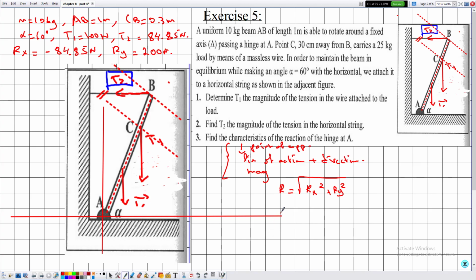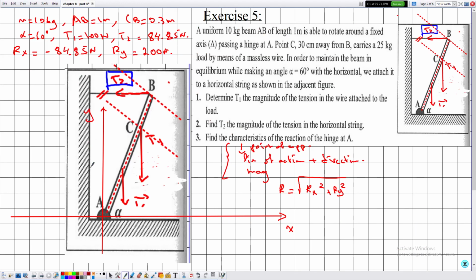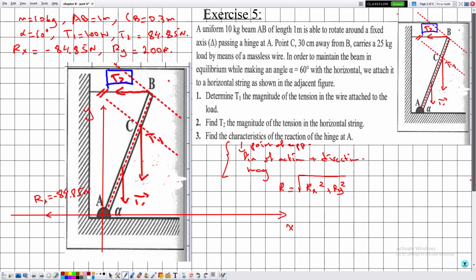This is the positive direction, and this is the positive direction of y. So if Rx is equal to minus 84.85 newtons, for sure represented according to some scale.